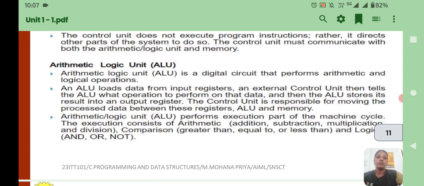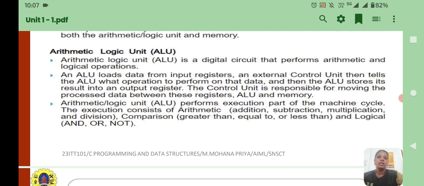The arithmetic logical unit is a digital circuit that performs arithmetic and logical operations. The ALU loads data from the input register, the control unit tells the ALU what operation to perform on the data, and then the ALU stores its result into the output register. The control unit is responsible for moving the processed data between these registers, the ALU and memory.